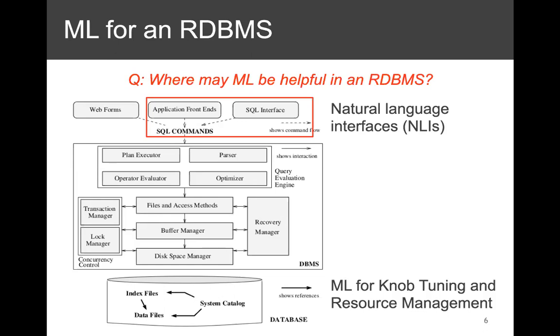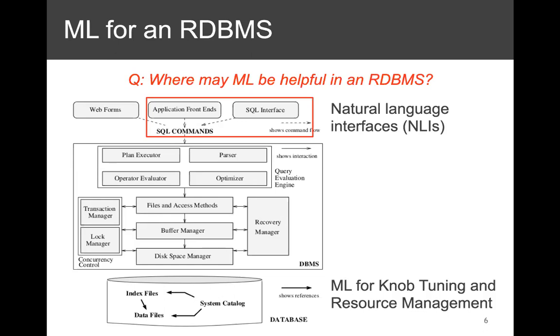The second major area where ML can help an RDBMS is query interfaces. We all know that SQL is the language that most RDBMSs speak. However, on top of that, you can build web frontends and application frontends, like business intelligence dashboards. Increasingly, people are interested in natural language interfaces. Think of, for example, marketing teams or sales teams in enterprise companies. They may not have a CS background.